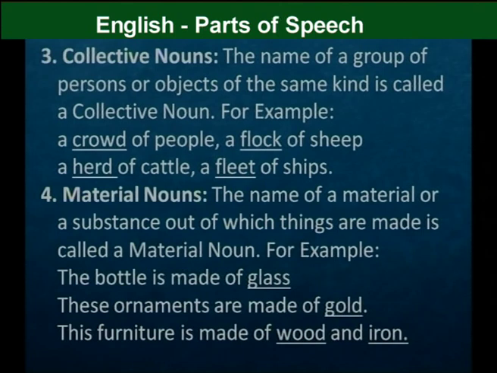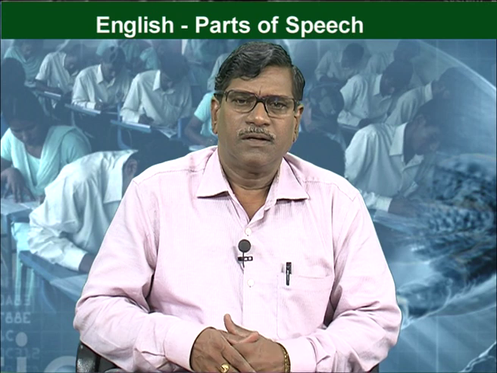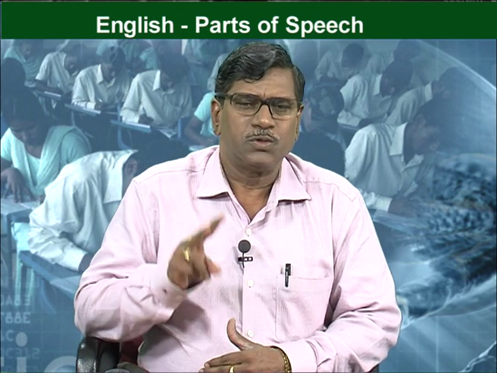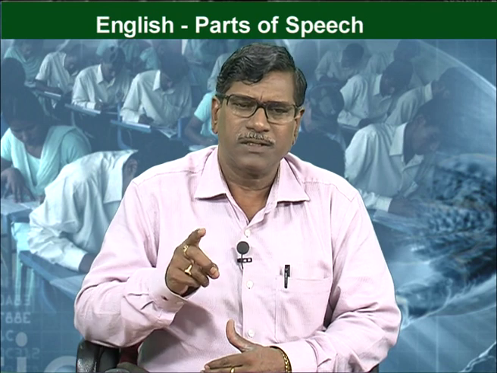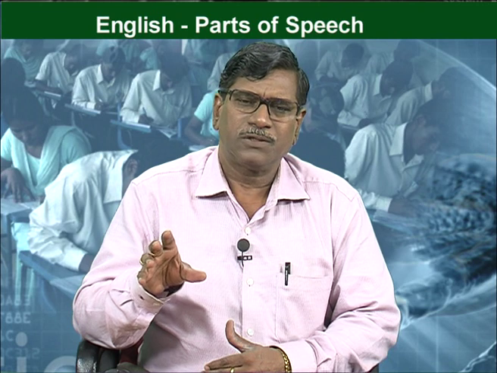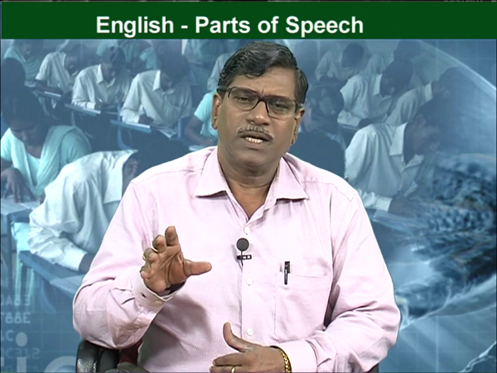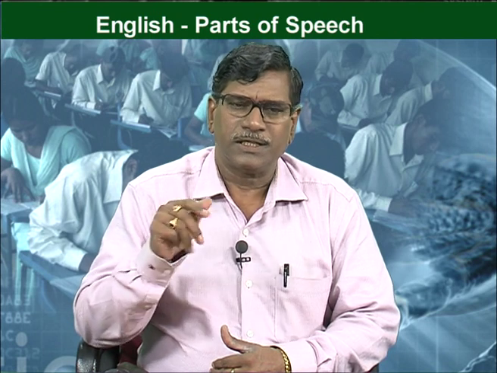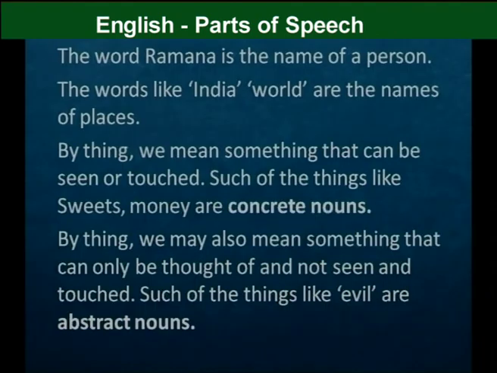These are the four varieties of concrete nouns. So, nouns are mainly divided into two varieties: one, concrete nouns; two, abstract nouns. Concrete nouns are the nouns which we can feel, see and touch. Abstract nouns we can't touch or see, we can just think about them.